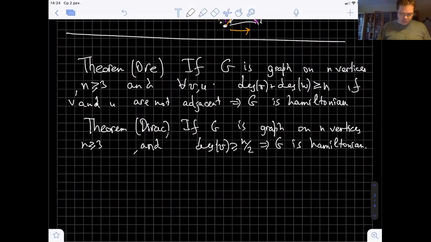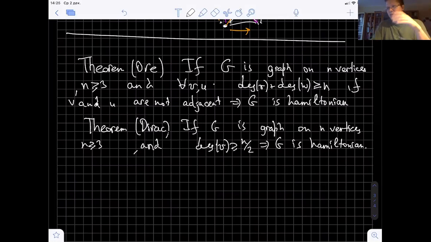And I forgot to talk about this, but of course we suppose that G is a simple graph, but we can also look at directed graphs. We can want to find an oriented cycle in our graph, and it's also called a Hamiltonian graph.